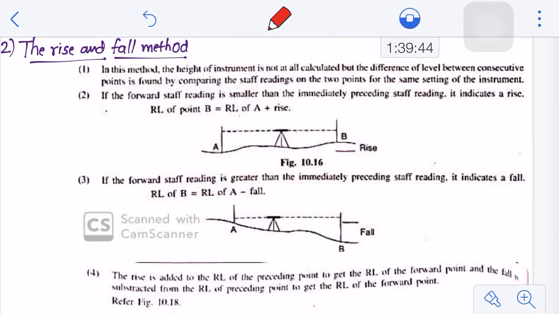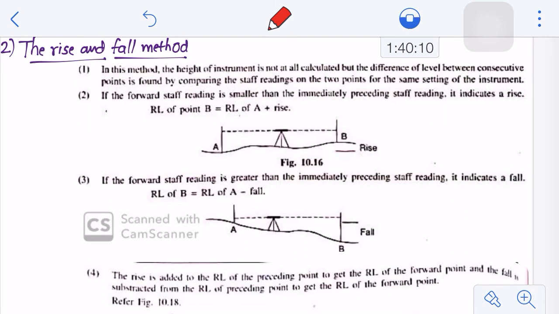In this method, the height of instrument is not at all calculated, but the difference of level between consecutive points is found by comparing the staff readings on the two points for the same setting of the instrument. And the difference between the staff readings indicates whether it is a rise or a fall, according as the staff reading at a point is smaller or greater than that at the preceding point, right?